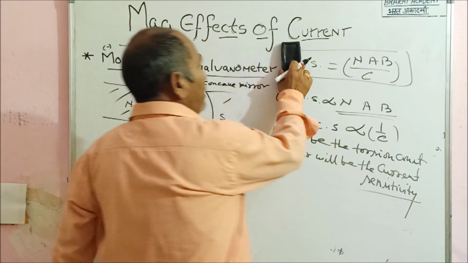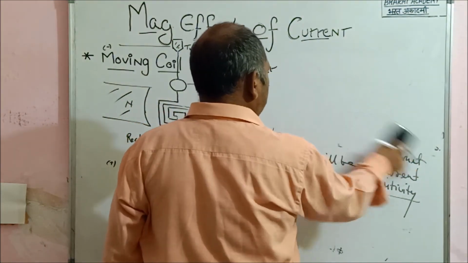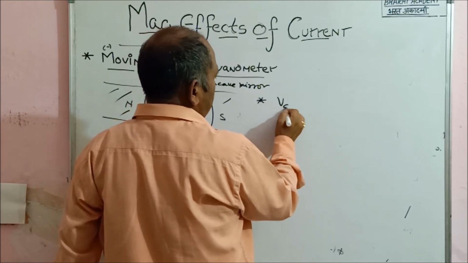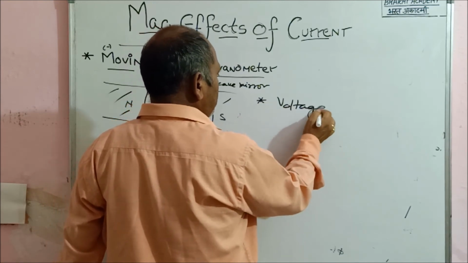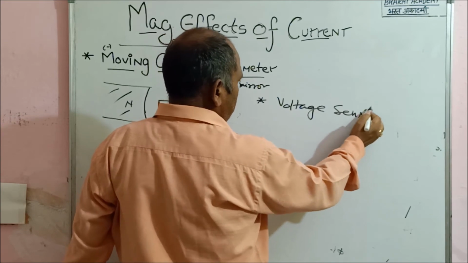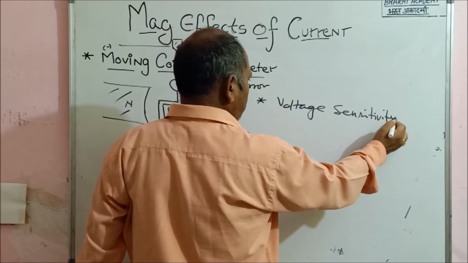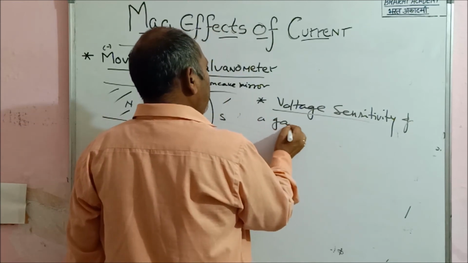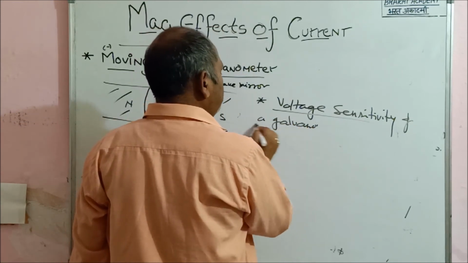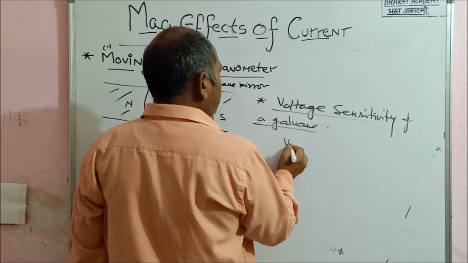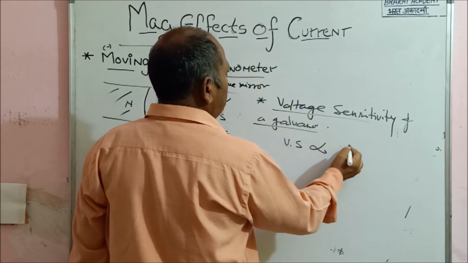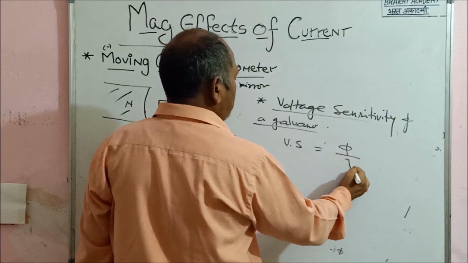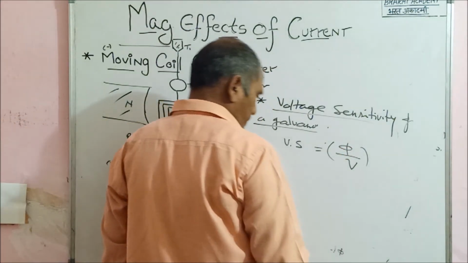The next factor is voltage sensitivity of a galvanometer, just parallel to it. Vs we could say. Current sensitivity was deflection per unit current. Here it will be deflection per unit potential.